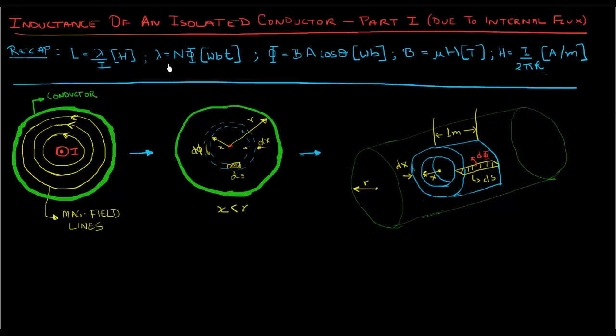We then moved over to the concept of flux linkages, which was given by n times the flux, where n was the number of turns the conductor made, basically the number of times the current was linking the flux. And we'll get into this discussion a little bit today as well. And we finally found our formulation for the inductance L, which was given by lambda over I, and the unit for that was Henry.